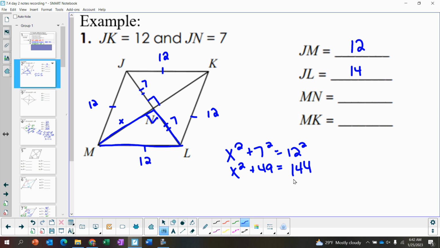So if I subtract 144 minus 49, we get 95. And if I take the square root of it, I get 9.7 about. So that means MN is 9.7, and MK, which is now 9.7 and another 9.7, we would have 19.4.